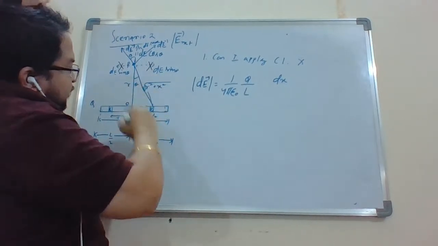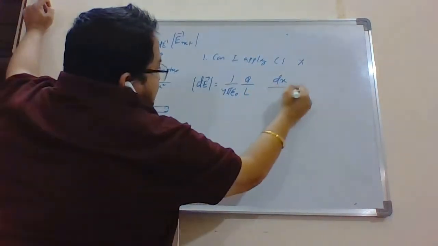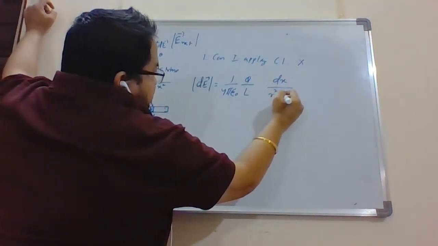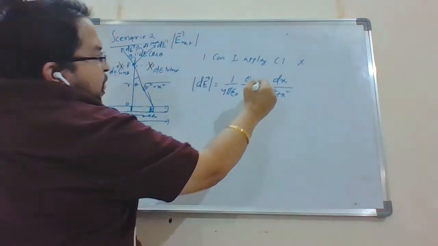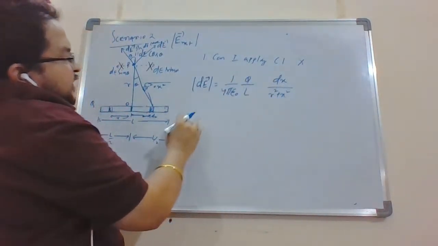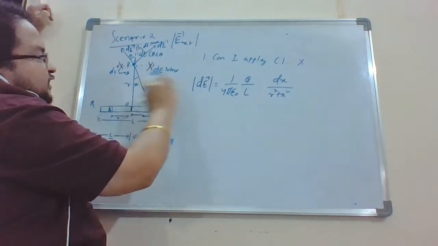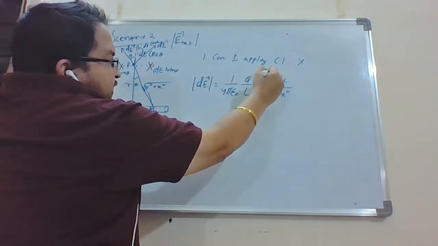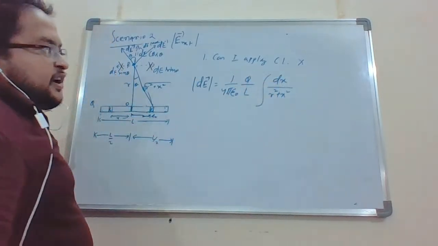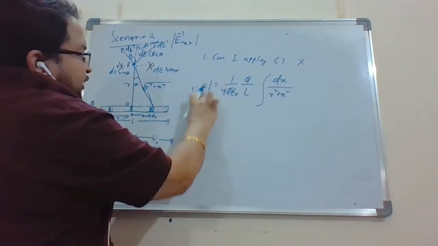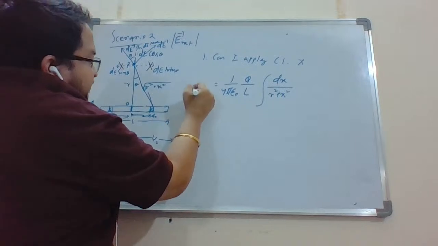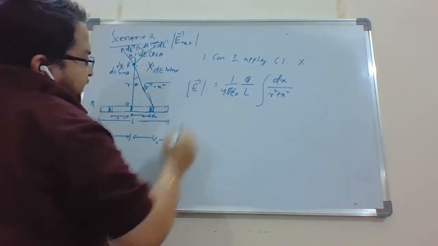So this is my total dE, and integrating this would give my total electric field intensity E, correct?